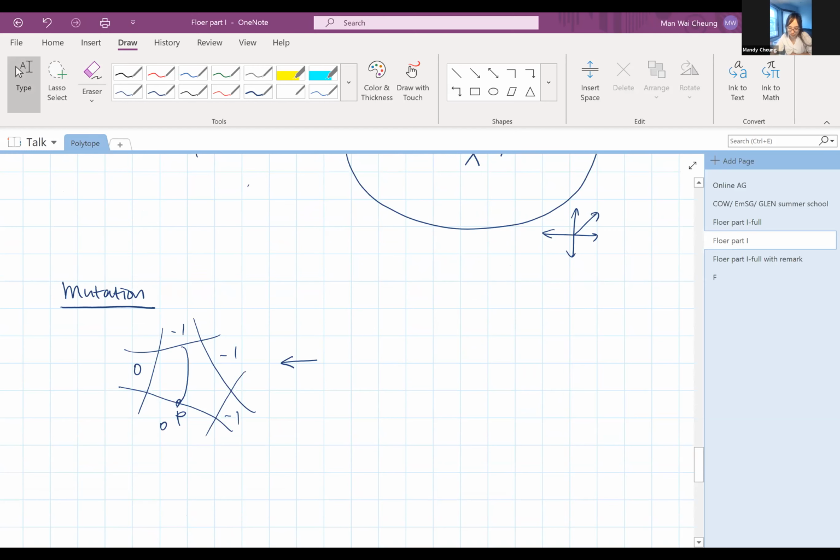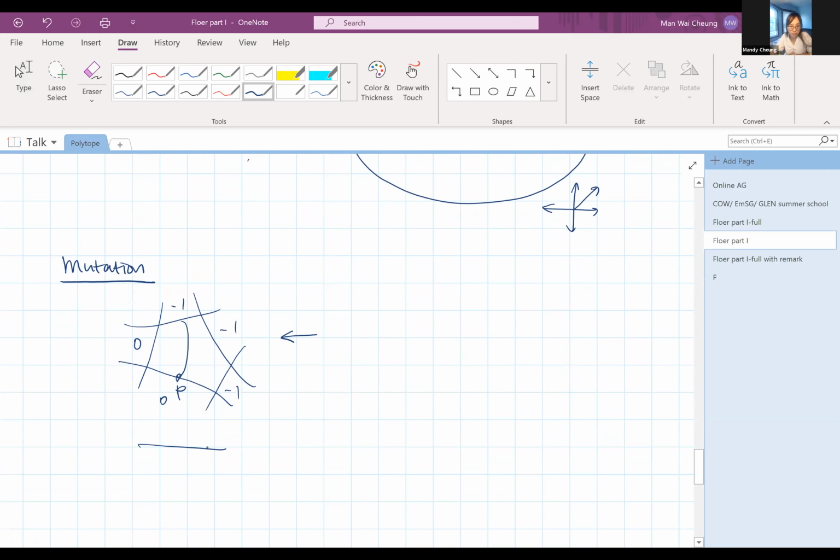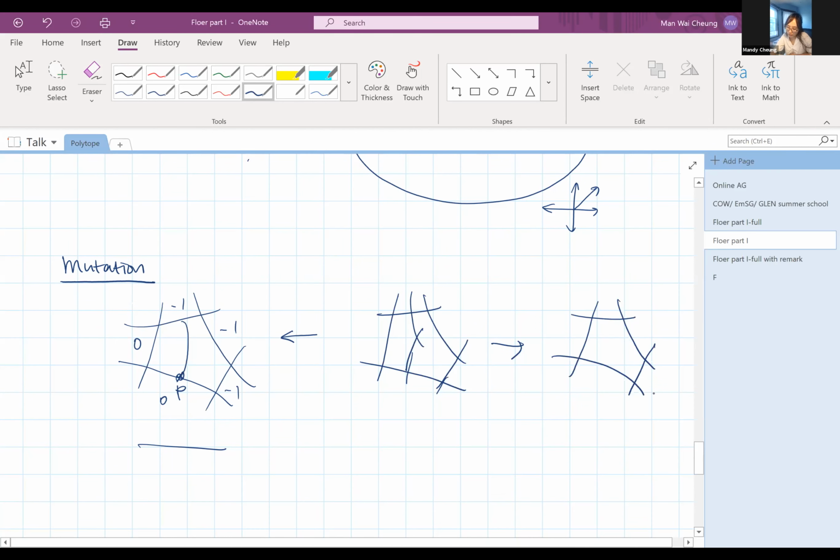And then this is my toric model, and I want to do the same thing, which is I pick a point and then blow up. And then the mutation is I flip to another one and then blow down. So I got -1, and I blow down here, which I got 0, 0.